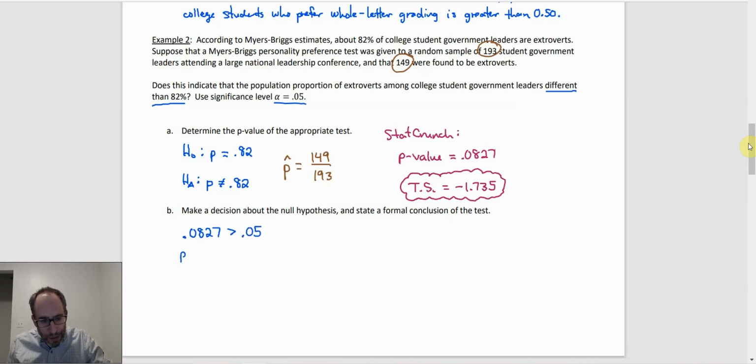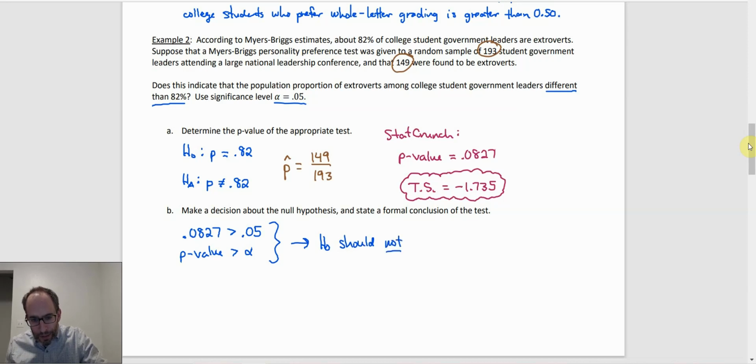So this time the p-value is greater than alpha, greater than the significance level. And when that happens, we don't have a statistically significant result, and that means we should not reject the null. So the null should not be rejected.